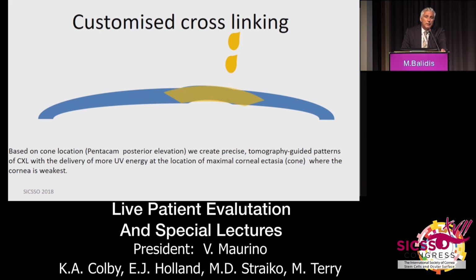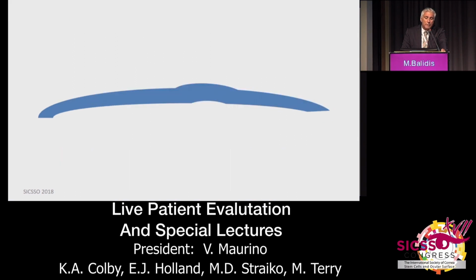Basically by localizing a more intensive treatment in the center of the cone, and then a less intensive second and third zone in the same area. By that, you will just decrease the curvature without losing too much of thickness or any thickness, which is very important for these ectatic corneas.